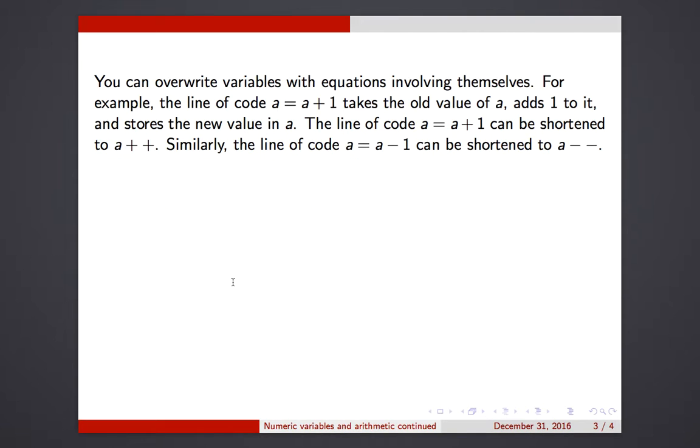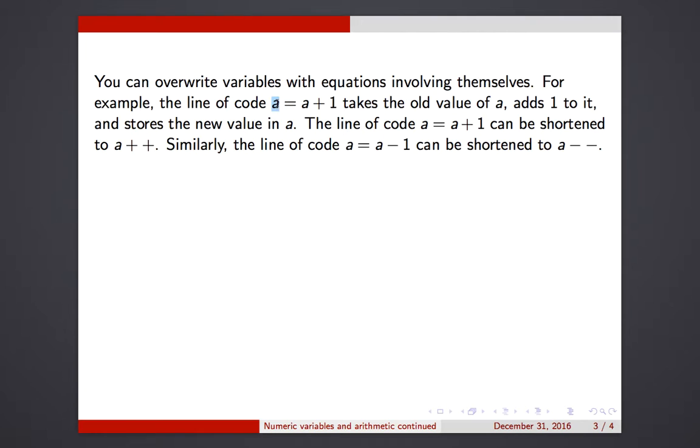Okay, so let's begin with equation overriding. So if you ever want to take and update a variable using the old value of the variable, so an equation like this, for example, what's happening is if the old value of a is 7, then this equation is acting like the equations from the last video, where this is an assignment equals.